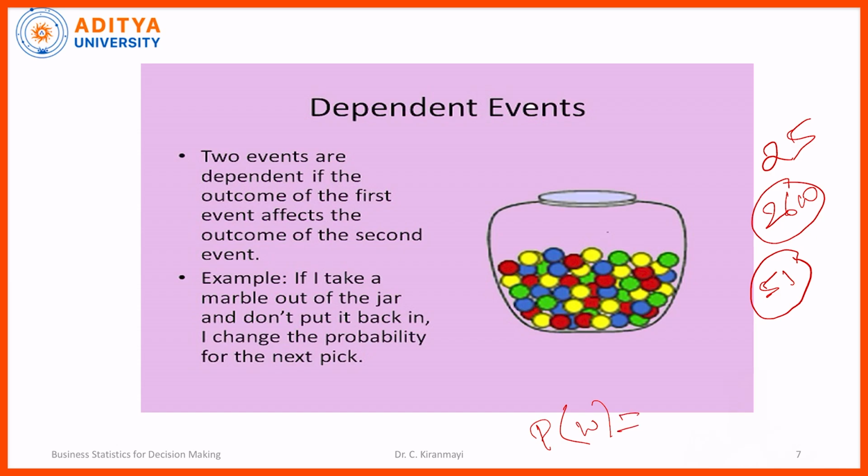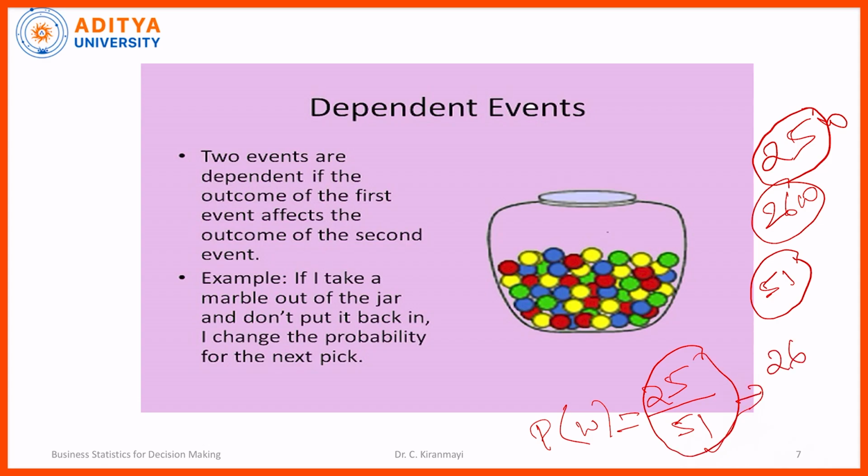Now, for the second draw, the total number of cards is 51, and out of 51 there are only 25 white cards, because I have picked up one white card in the first draw which I have not replaced. Then the probability of getting a white card in the second draw will be 25 by 51, which is not the same as in the first draw, 26 by 52.